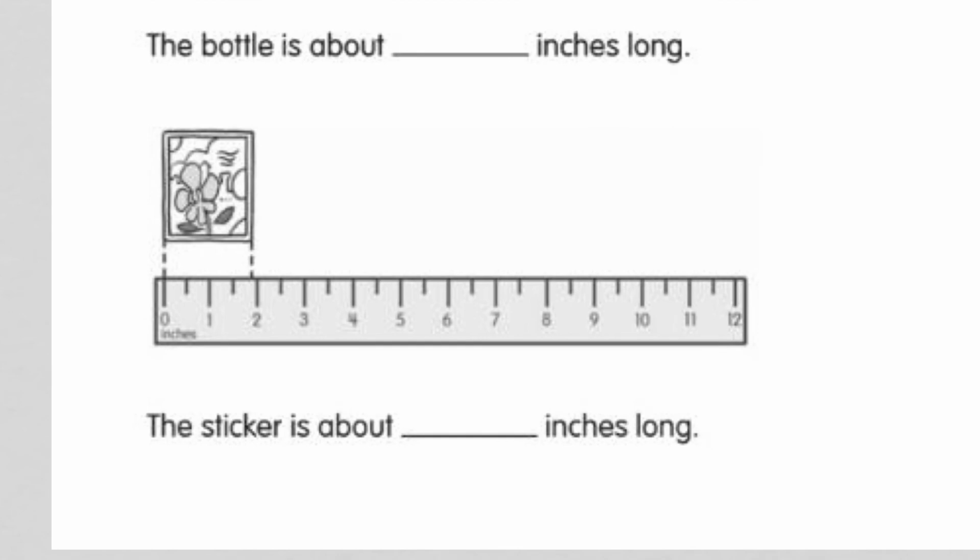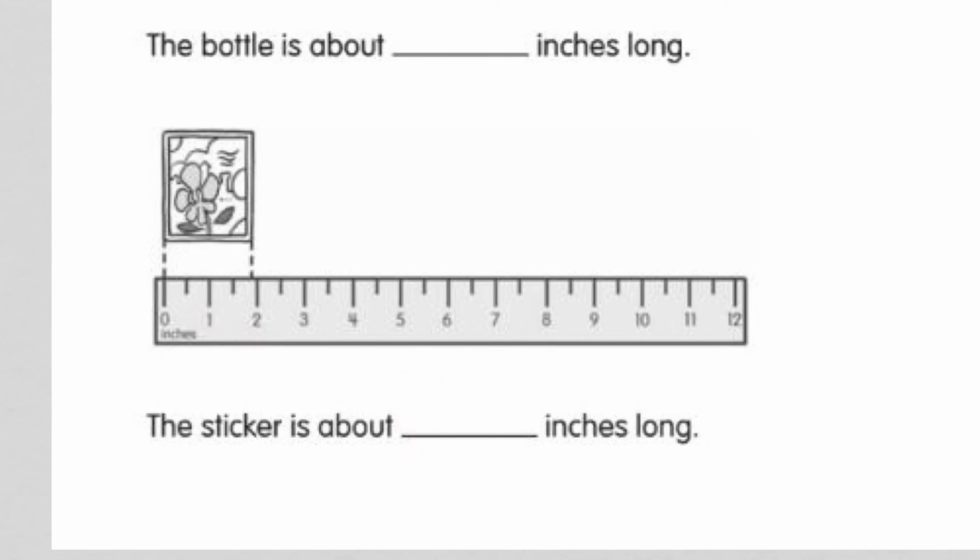Let's look at this nice sticker. Again, we have a ruler. This is representing inches. So the sticker is about blank inches long. We line it up. So is it about 1 inch or is it about 2 inches?